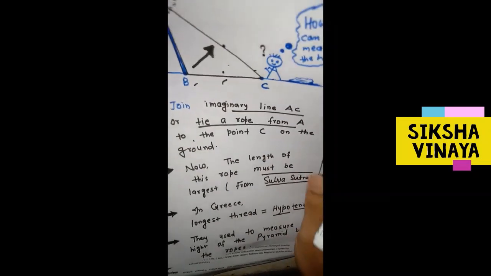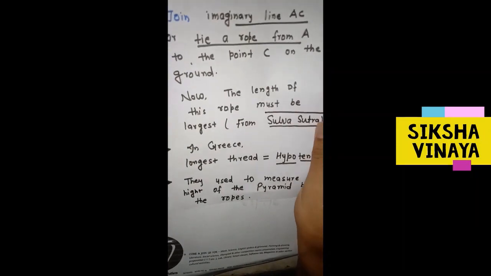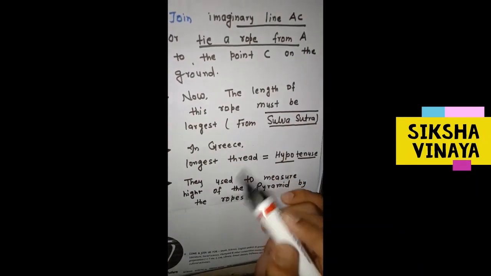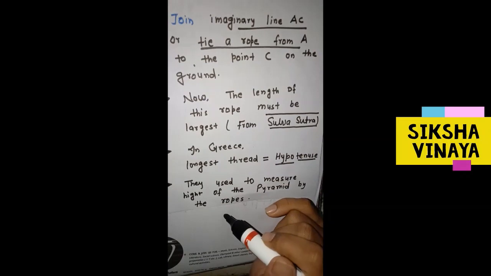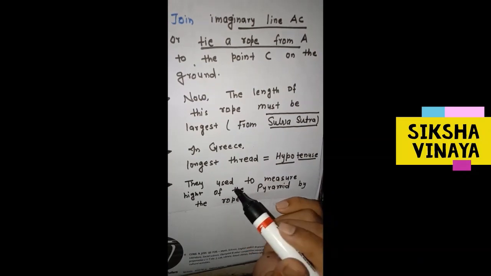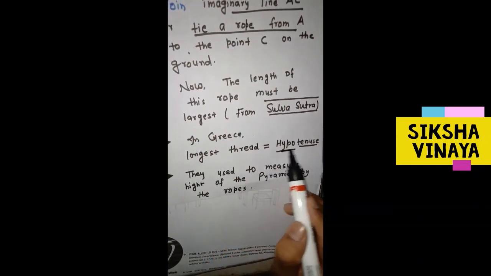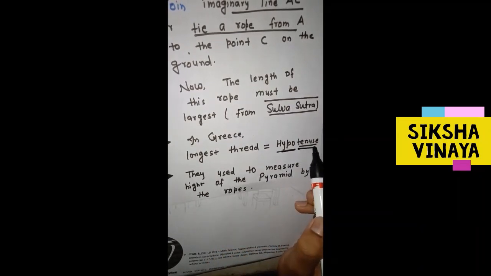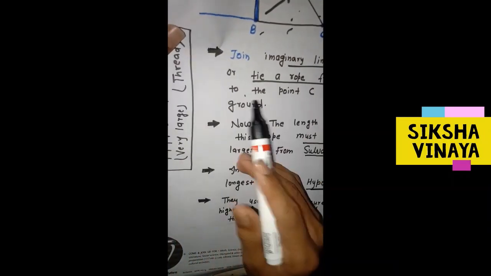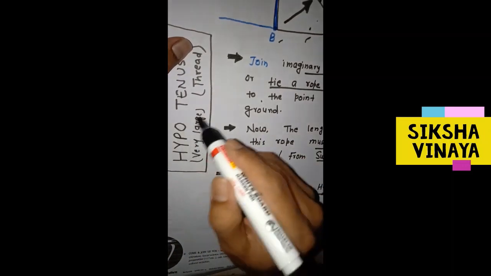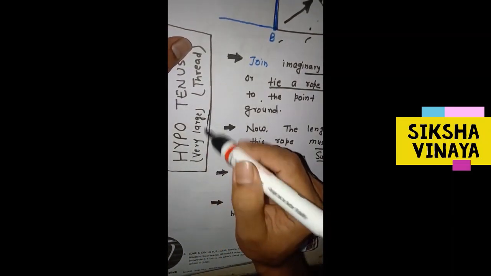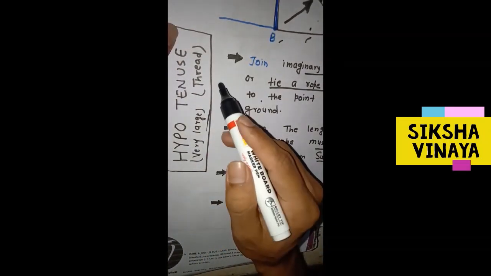Now in Greece, they wanted to measure the height of a pyramid, so they used the rope, and the longest rope is called in Greece hypotenuse, or tenuse. Hypo means, here you can see, very large or large.